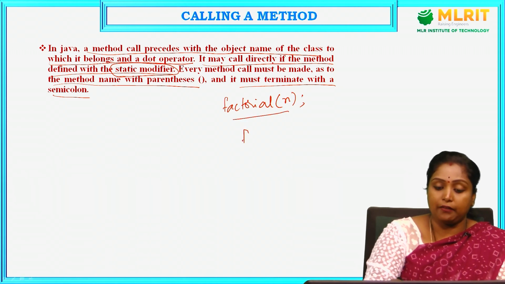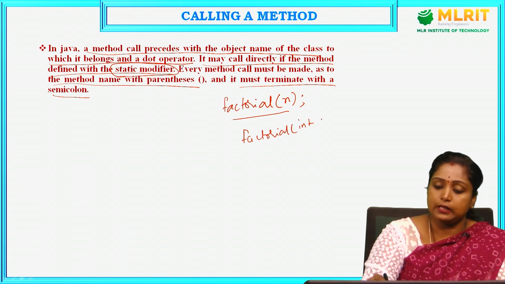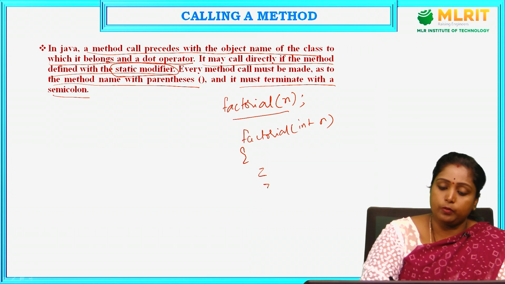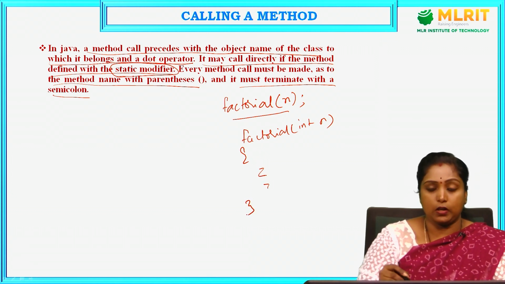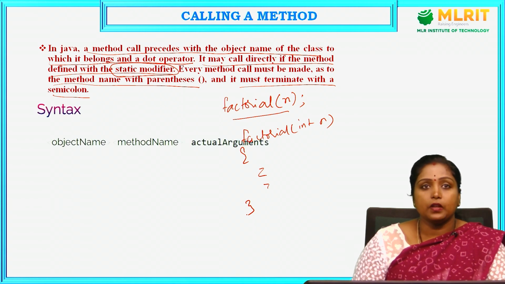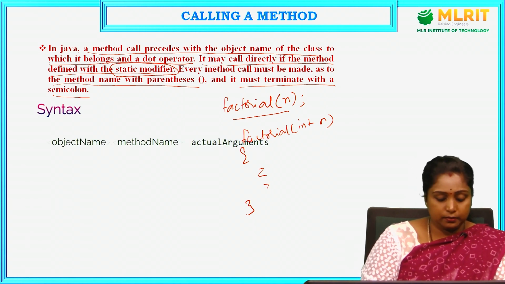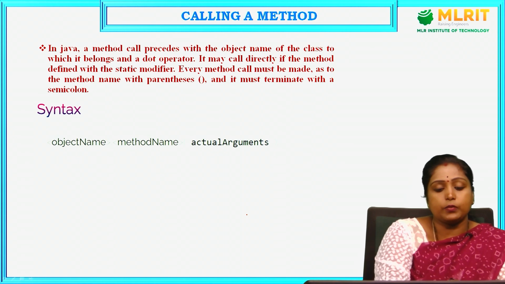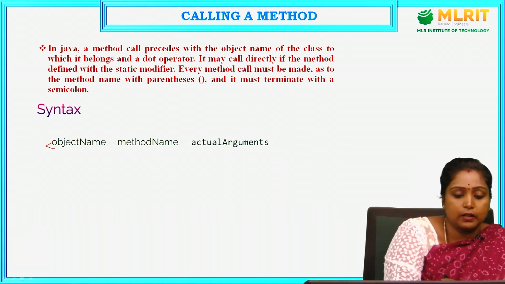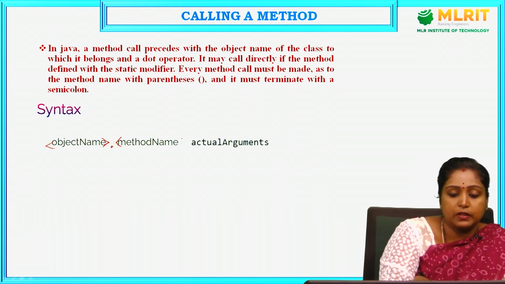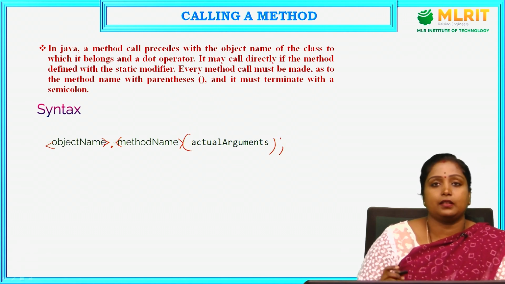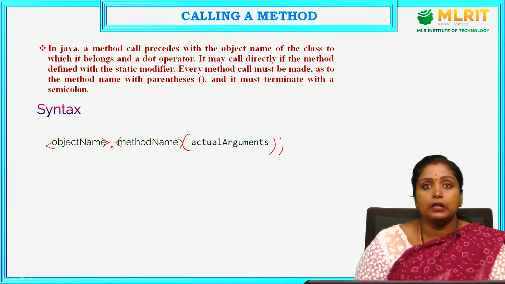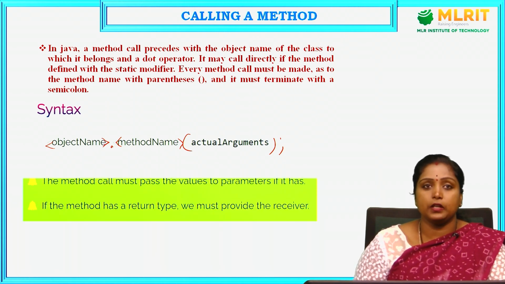Whereas if you have factorial of int n followed by a block of code, this is a method definition. This is a method call. So the syntax: first you have to write the object name, dot, method name, followed by arguments, followed by semicolon.